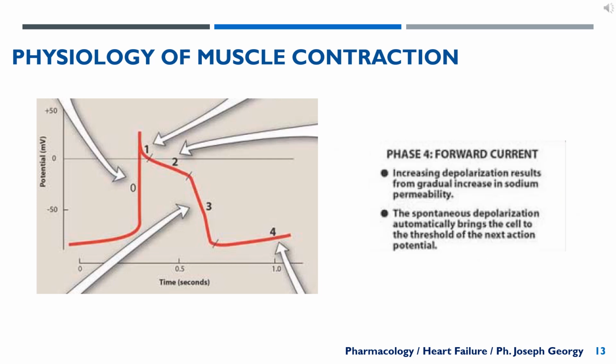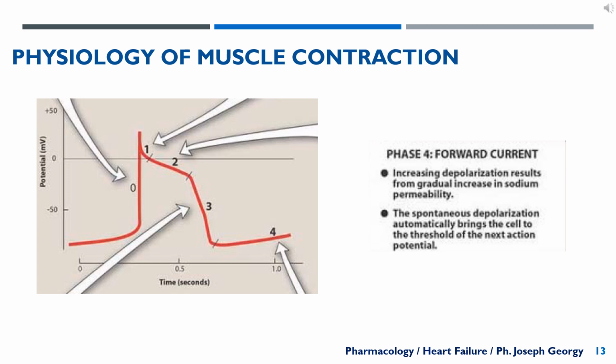The last phase here is phase 4, which represents the pacemaker current. Here, increasing depolarization results from a gradual increase in sodium permeability, and the spontaneous depolarization automatically brings the cell to the threshold of the next action potential.